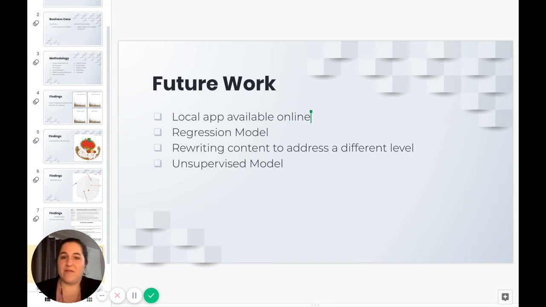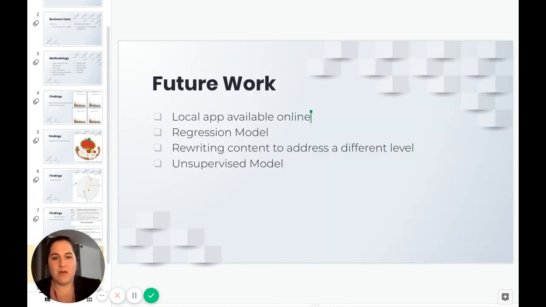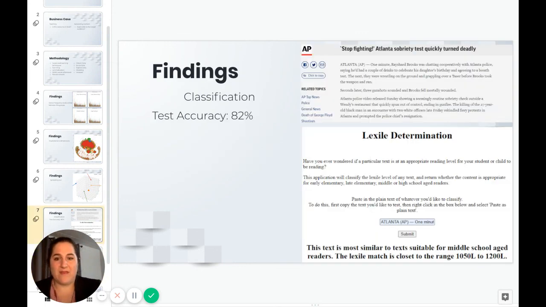I would also love to take in a specific text, much like this one, and have the same information made available to the high school category or even the early elementary. I would like to write something that can make that type of prediction to switch from one category to another. I would also like to possibly set up an unsupervised model to see if I get the same type of accuracy or if I can improve on this 82%.